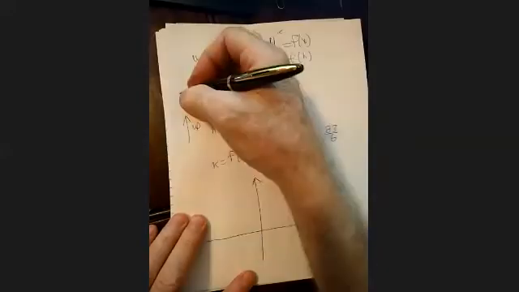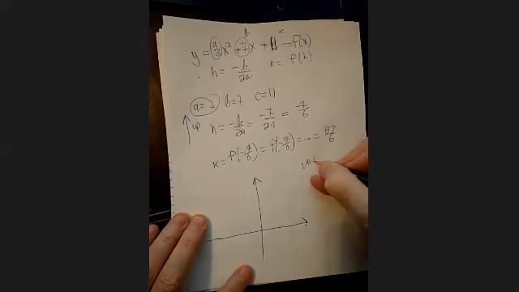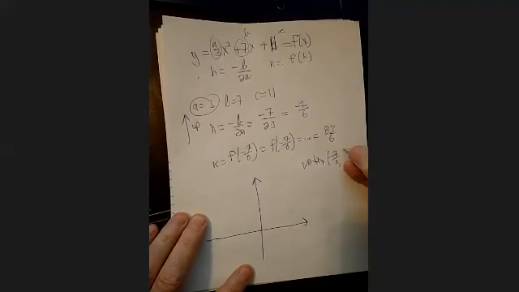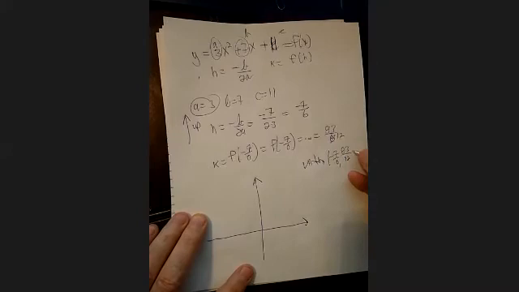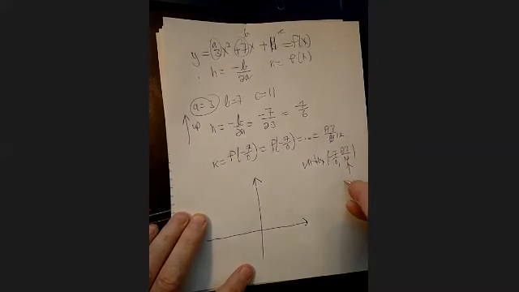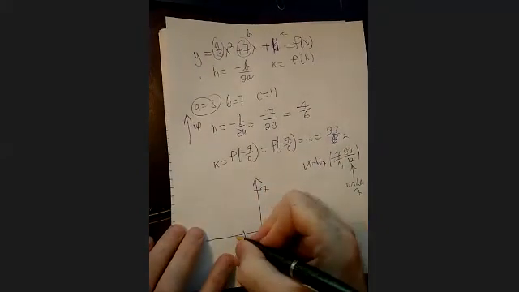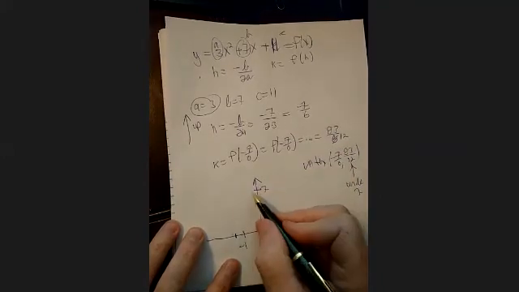So I'm just going to do a very rough sketch of this graph. We know that it opens up, so it's going to go like this. We know that the vertex is -7/6, 83/12, and that's just a little bit under 7. That's going to be a little bit over 1, so this is going to be -7/6. 83/12 is going to be about right here.